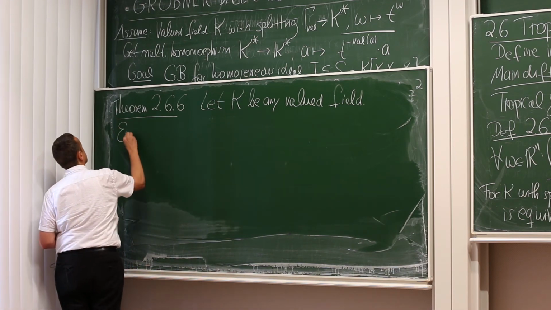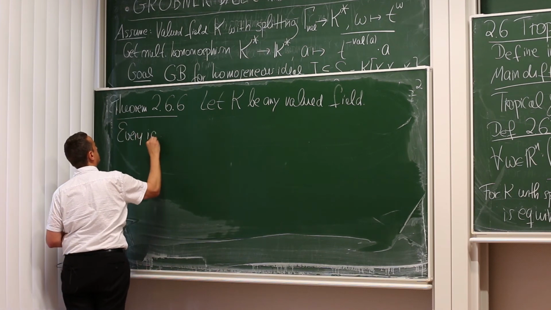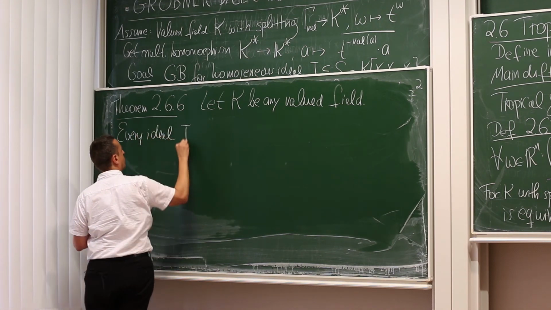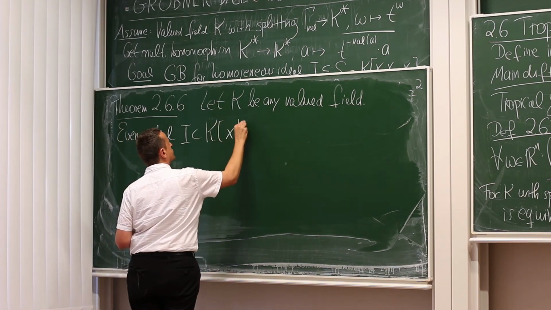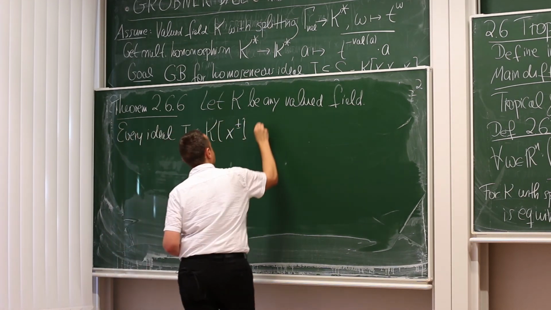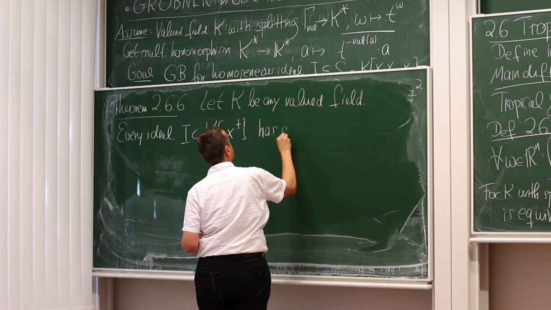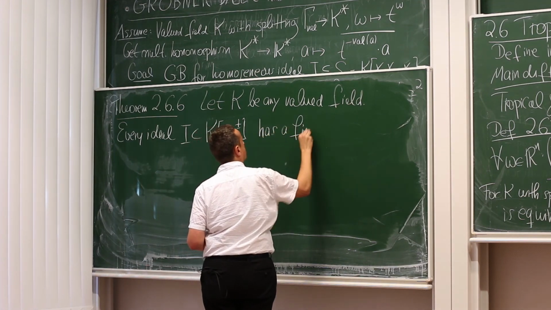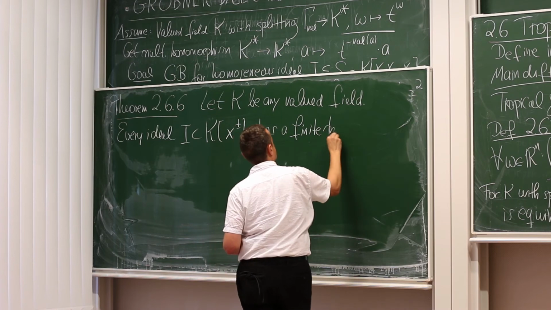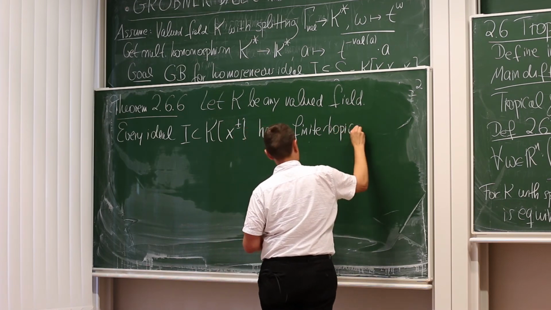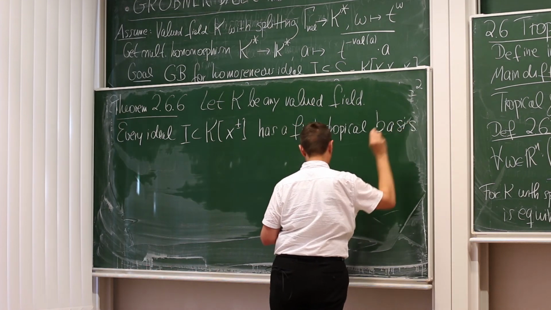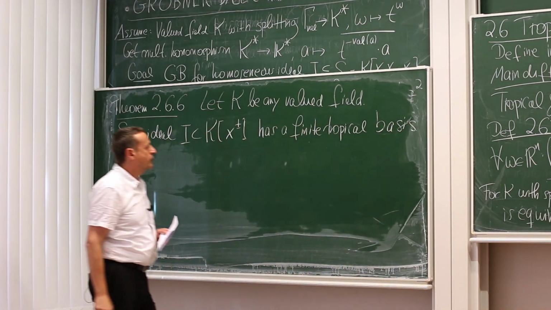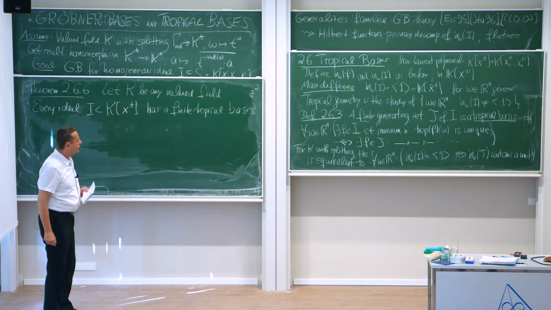The theorem says that every ideal I in the Laurent polynomial ring in n variables over this field has a tropical basis, a finite set that satisfies these conditions. Okay, so that's the theorem.